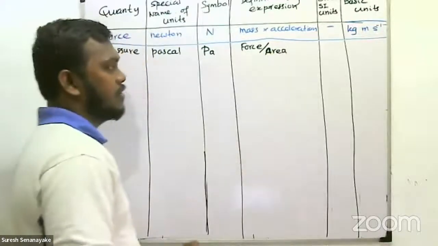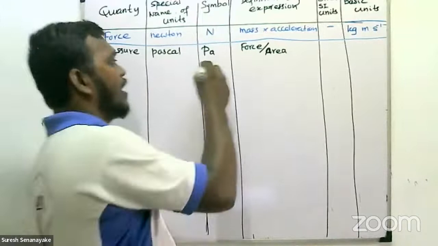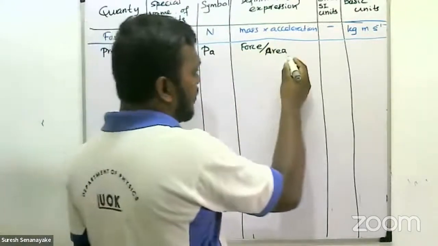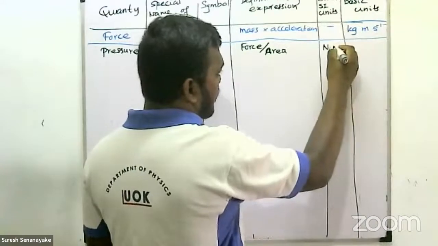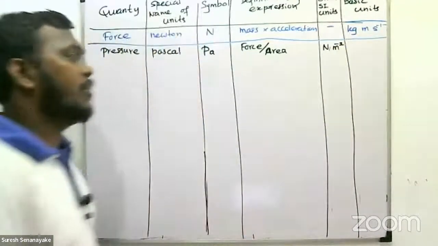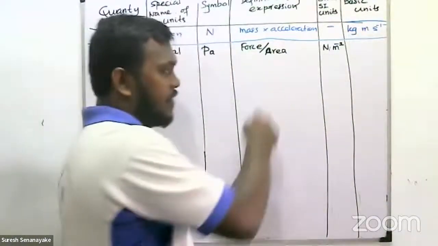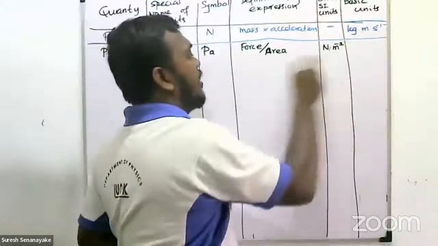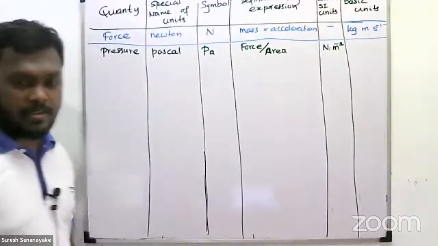Another SI unit is there because we can write force in Newton, area in square meter, so we can write it as Newton per square meter. Okay, you try to write the base units with this definition. I'll fill it later.